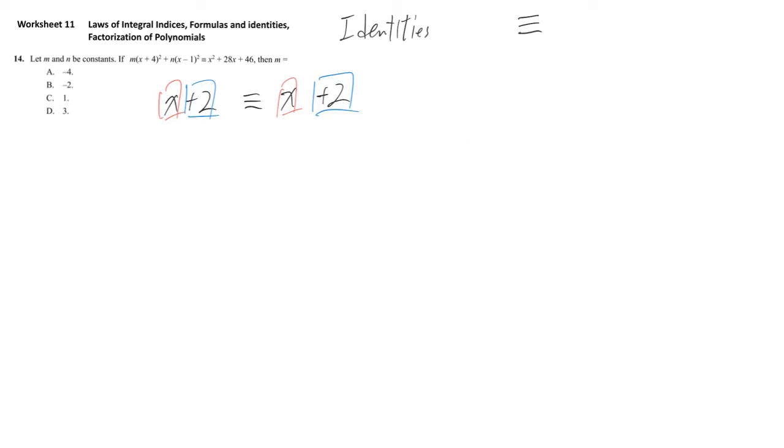Or one more example, if I give you 3x squared plus 5x minus 4 is identical to something, I can simply tell you that the conclusion is it must be 3x squared plus 5x minus 4. No other choice. Every term should be the same.